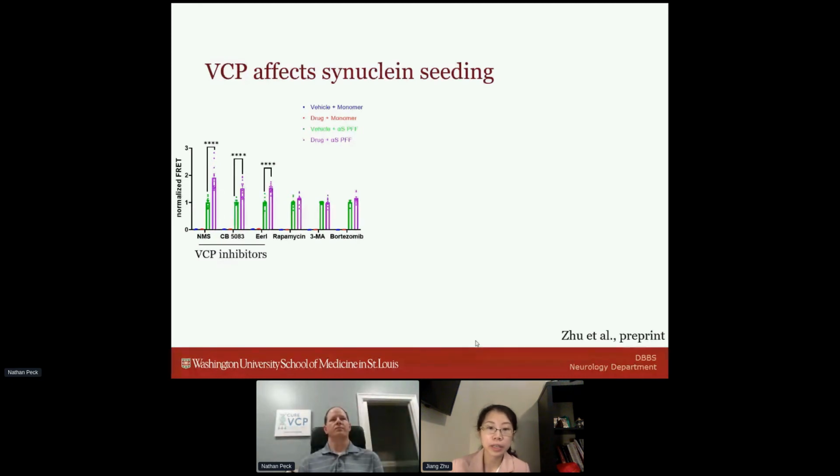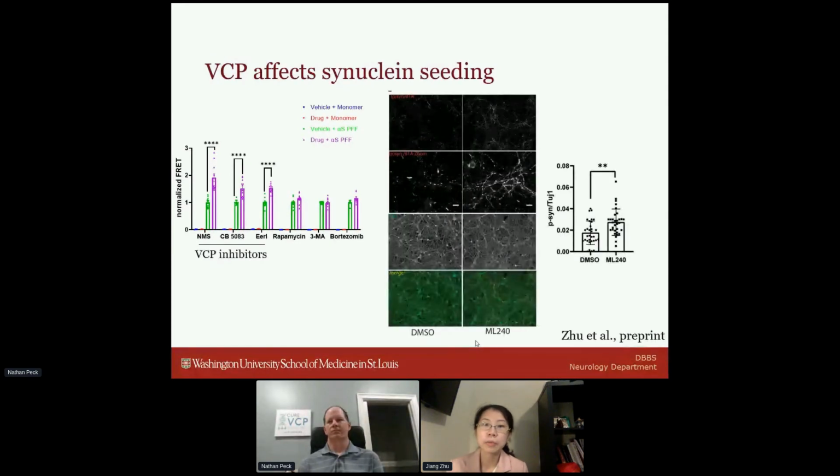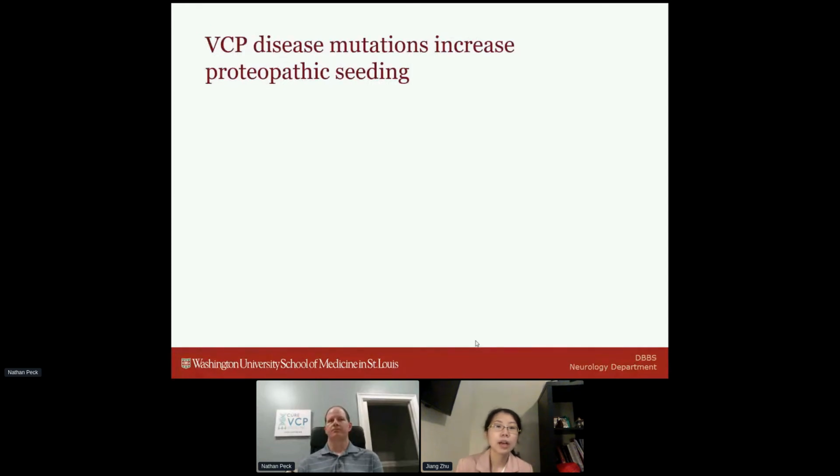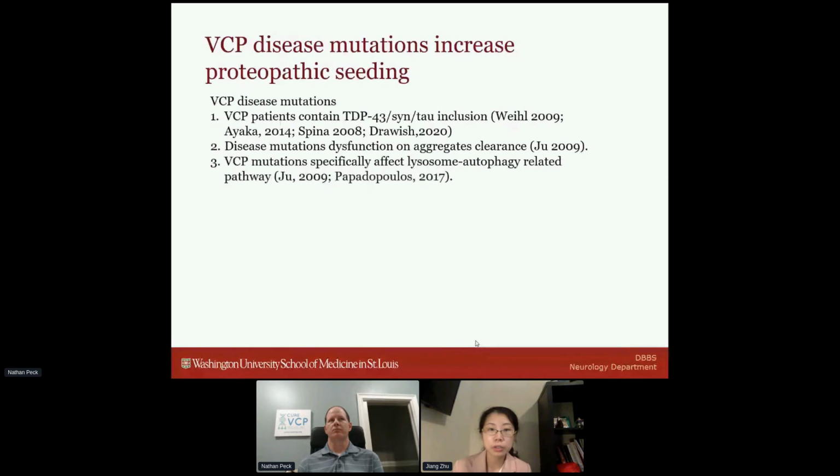Also, with VCP inhibition in hippocampal neurons, we see the same effect. So right now we see that if we totally disable VCP, it can aggravate alpha-synuclein seeding.